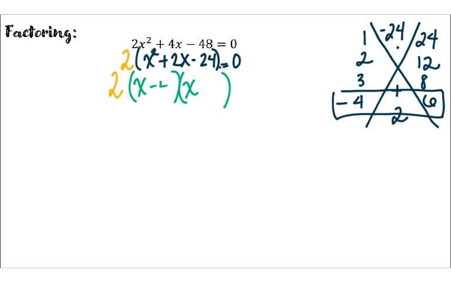And then negative 4 and positive 6 are what I'm using. You can only do it this quickly if a is 1. If a is not 1, you have to factor by grouping like we did in our previous videos. And so that equals 0. This sets up 3 situations, but only up to 2 solutions. Remember, with quadratics you can only get up to 2 solutions. Let's see where those solutions come from.